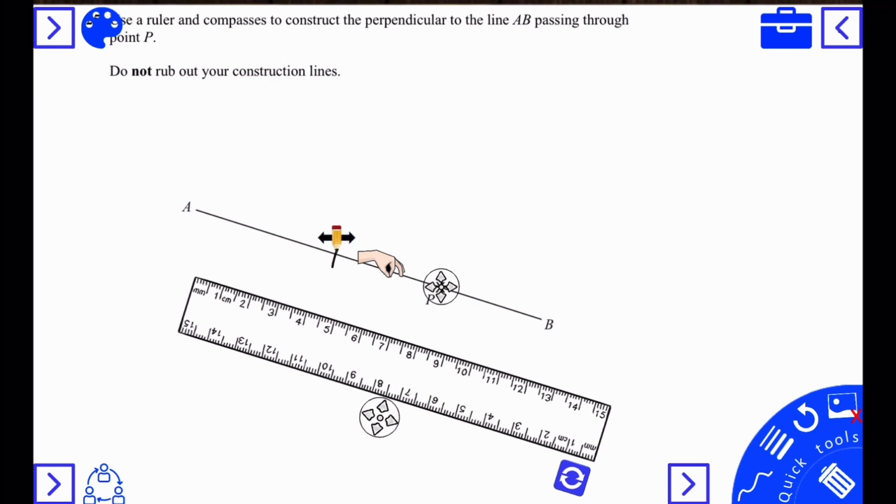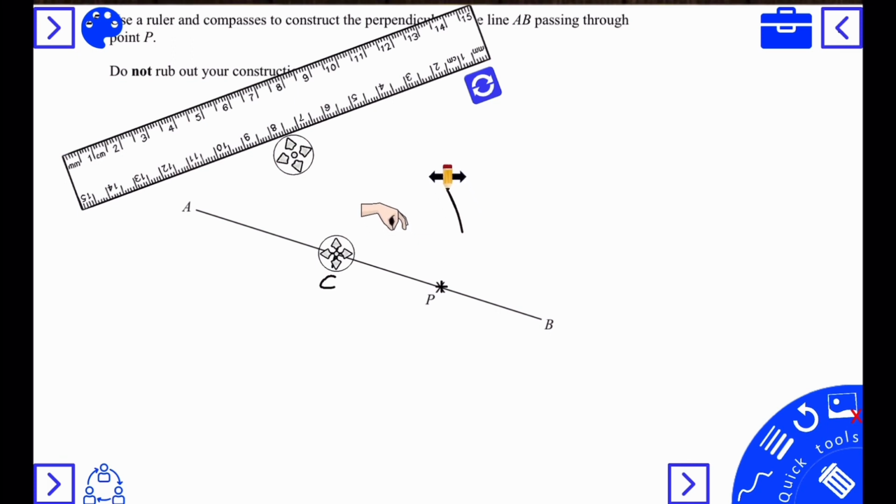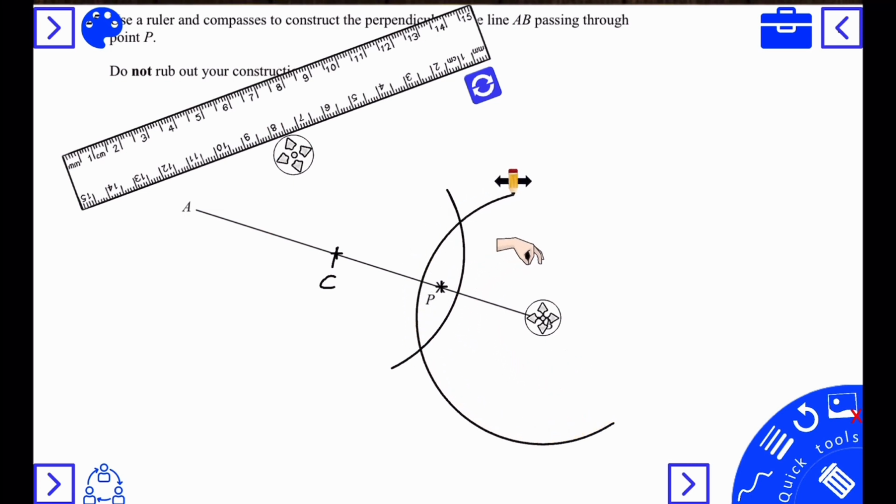Now we have 2 points. The point B and the newly made point C. Now we can take our compass, put the compass at C, and then take the measurement which is greater than the length of CP and draw an arc like this. Now we take the compass, put it on the other side, and draw an arc like this without changing the measurement.